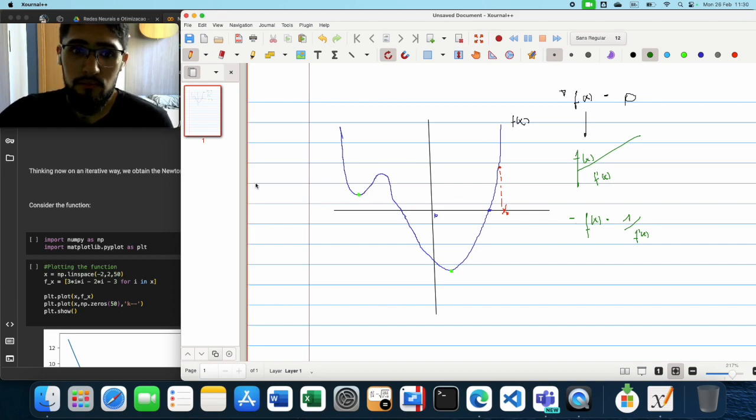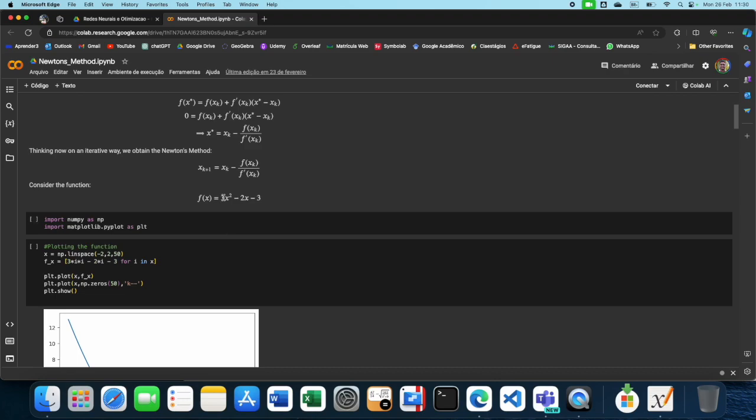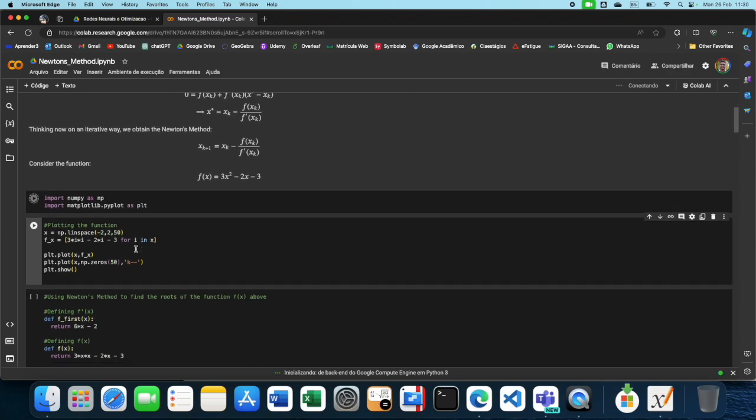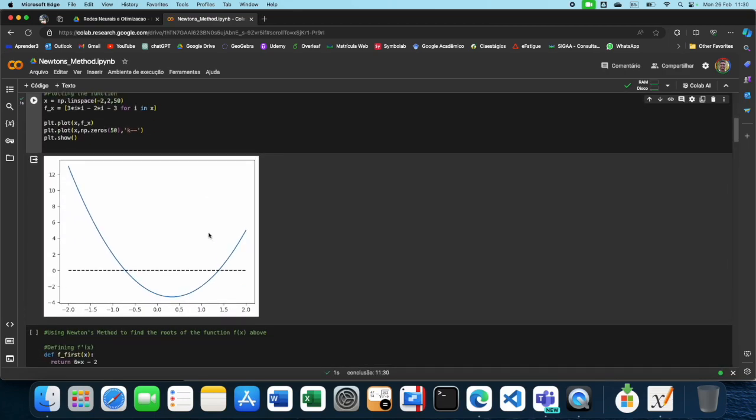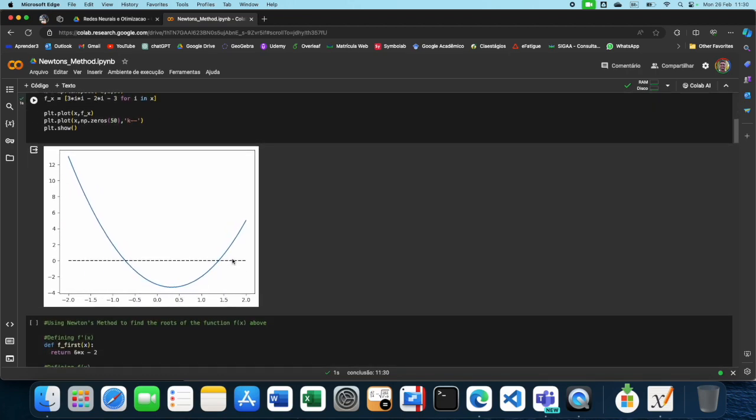Let's see how this method works in real life. So imagine that we have this function here, and I'm going to show it to you. This is the function 3x squared minus 2x minus 3.